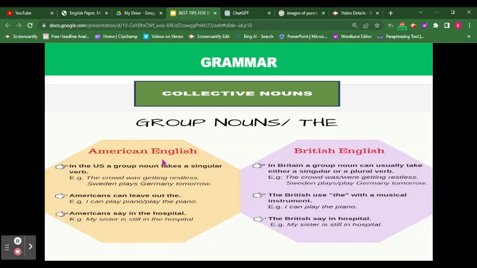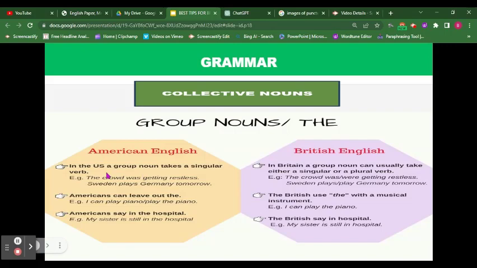Okay, American English. In the US, a group noun takes a singular verb. Take note of that. Now, in Britain, a group noun or a collective noun can usually take either a singular or a plural verb. So take note of the differences.